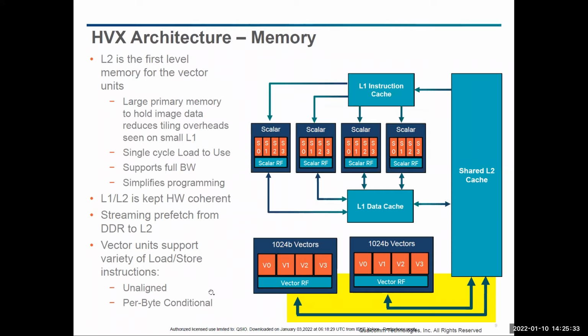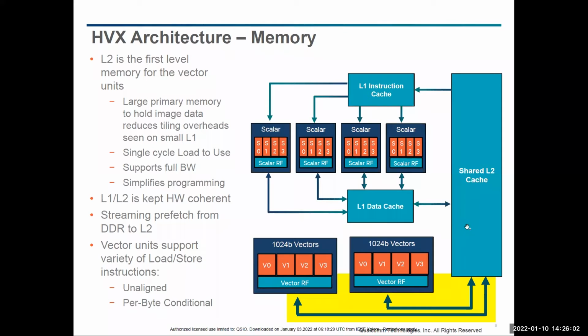Let me understand the question. You're saying that if the caches are kept as hardware coherent, then it can lead to degraded performance because of the cache misses, right? Yes, I think that is true. One of the reasons why we skipped the L1 data cache was because of this, because the L1 data cache was responsible for a lot of cache misses.